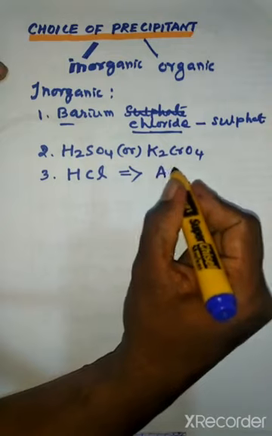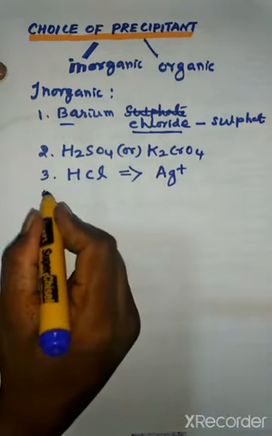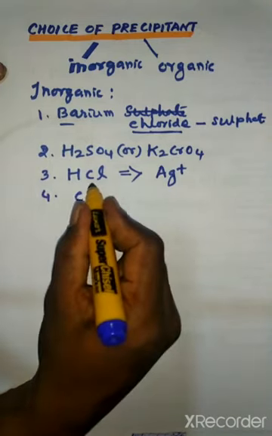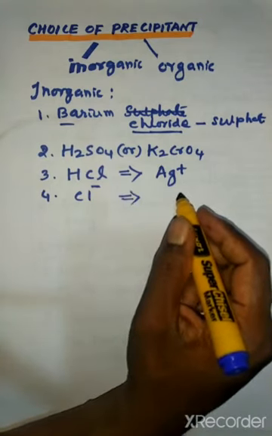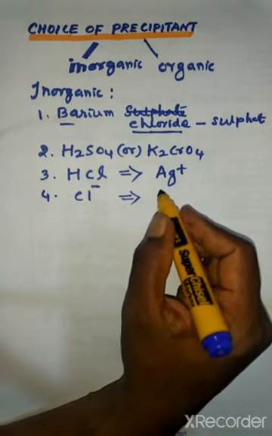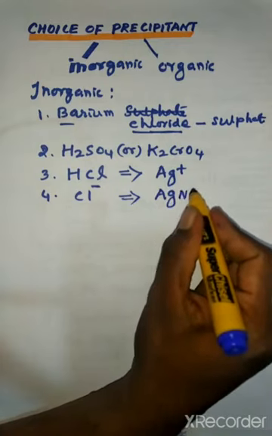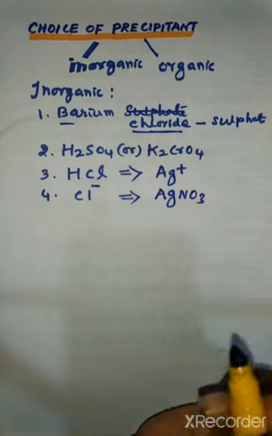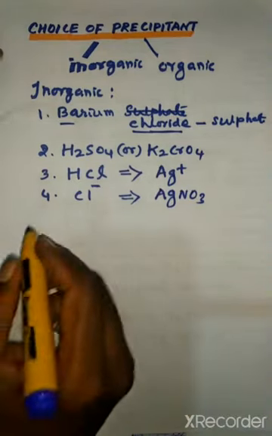To estimate the chloride ion, as already discussed in the last class, we use AgNO3, that is silver nitrate, and so on. We have many examples like this.